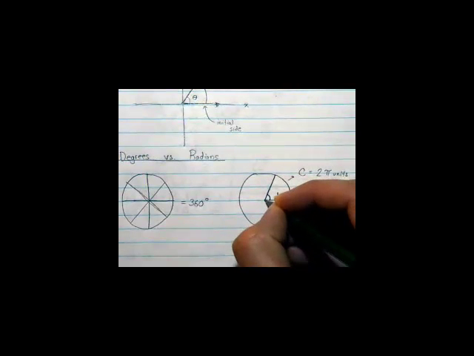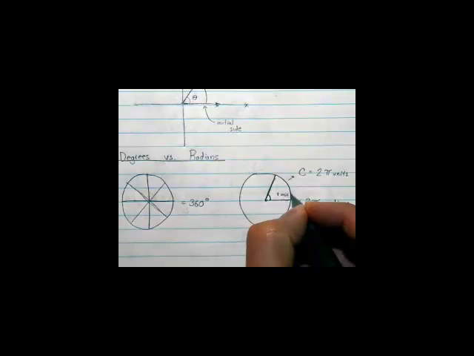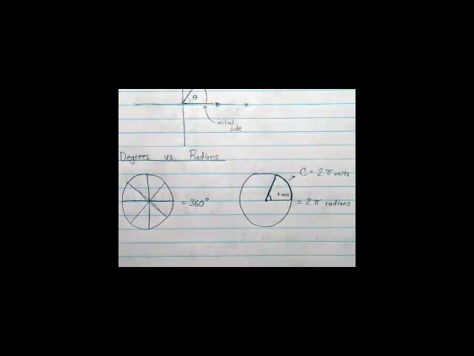This would be about 1 radian. And the idea is that the length of the arc that far, if it's 1 radian, would be an arc length of 1. So with a 1 unit radius circle, whatever the angle is that you open up in radians, the length of the arc is the same. It's the same length.